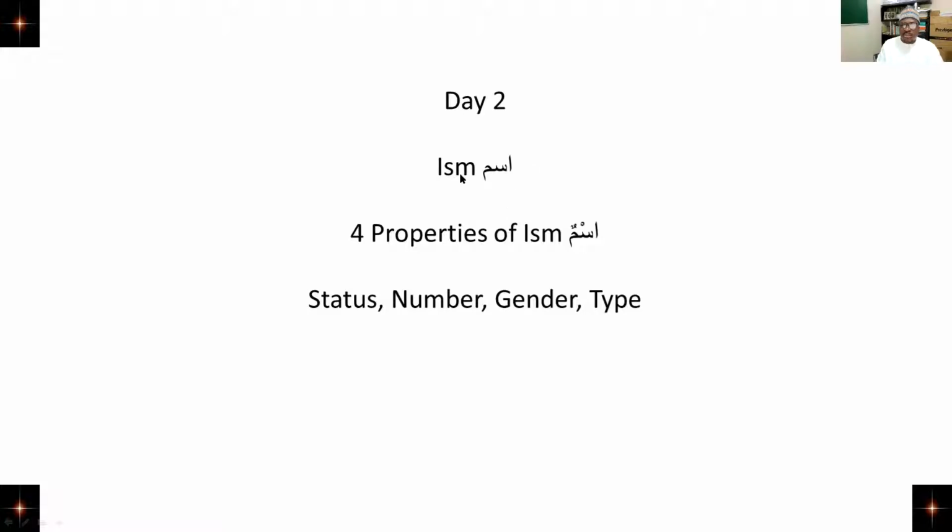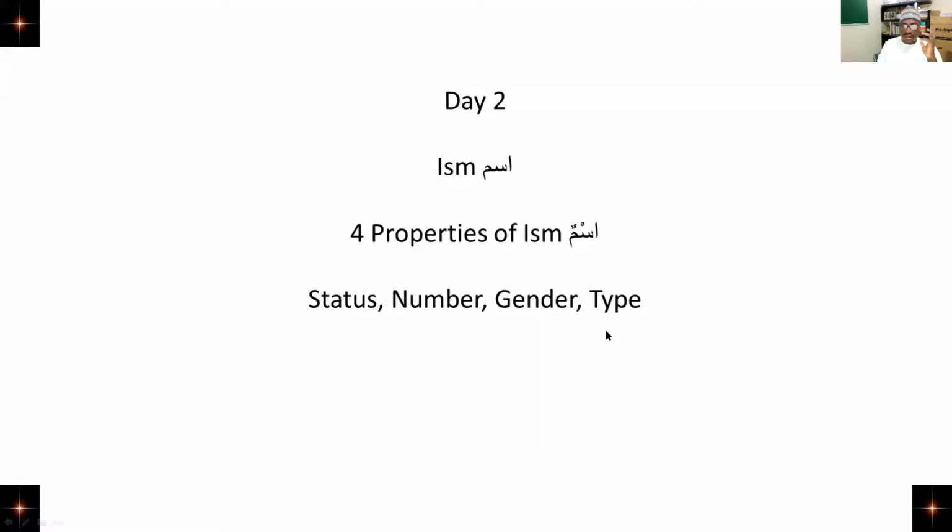Now, note once again, for each of this status, number, gender, type, you would need to know what you are looking at to know the status, what you are looking at to know the number, what you are looking at to know the gender, and what you are looking at to know the type.